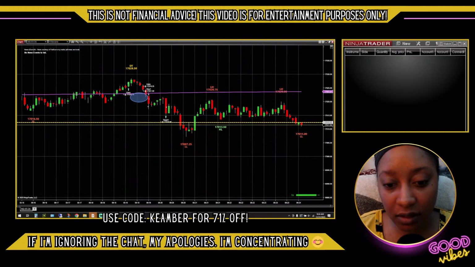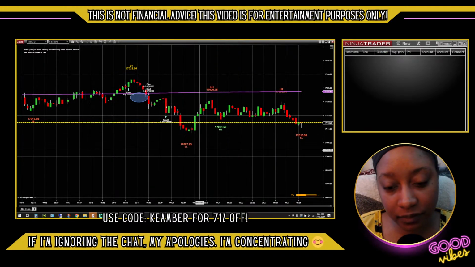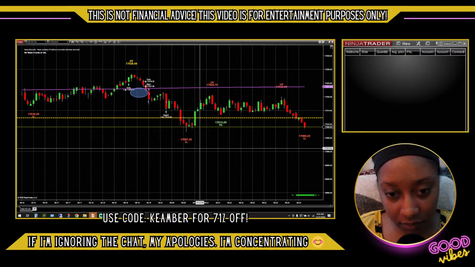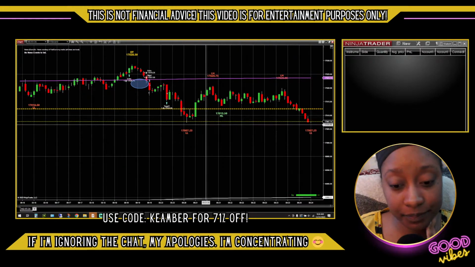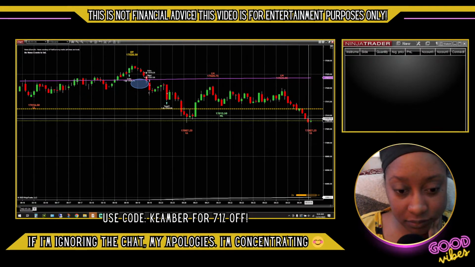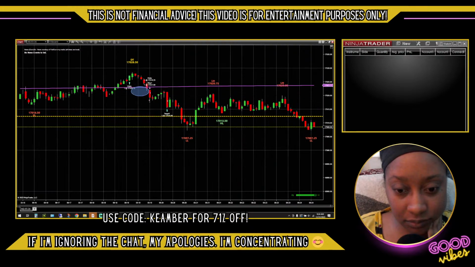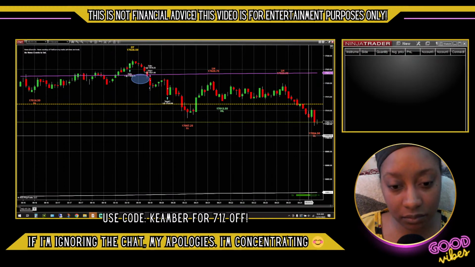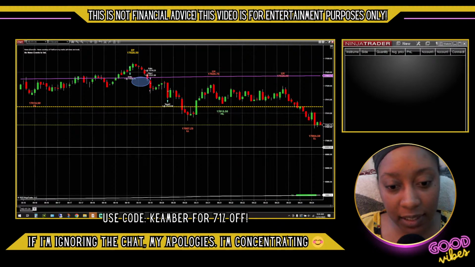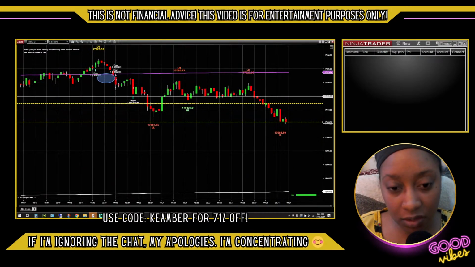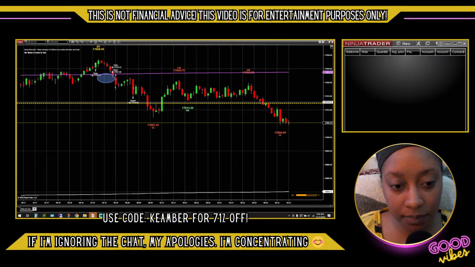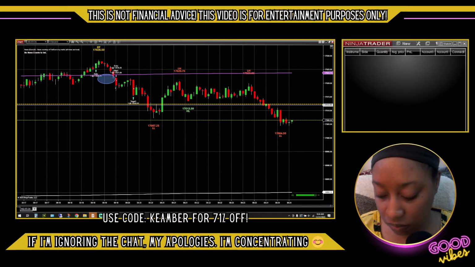My major level is here. Looking for a divergence play, divergence buy. However, I need it to come down lower if it's going to be valid. I don't want to close back above the major level.